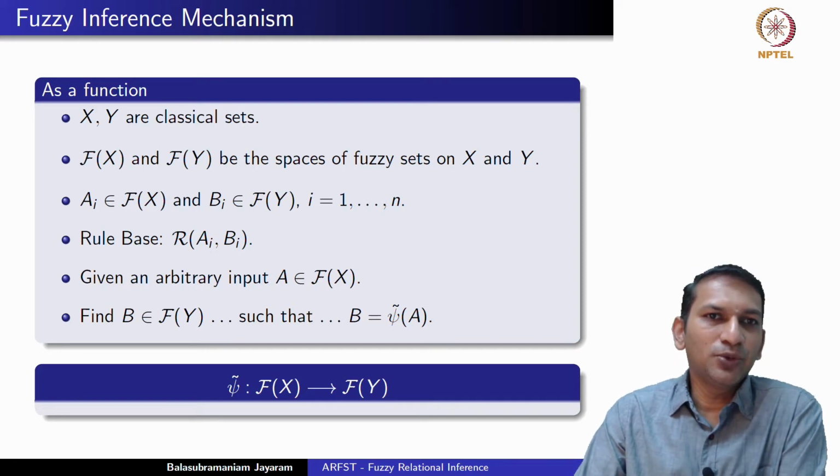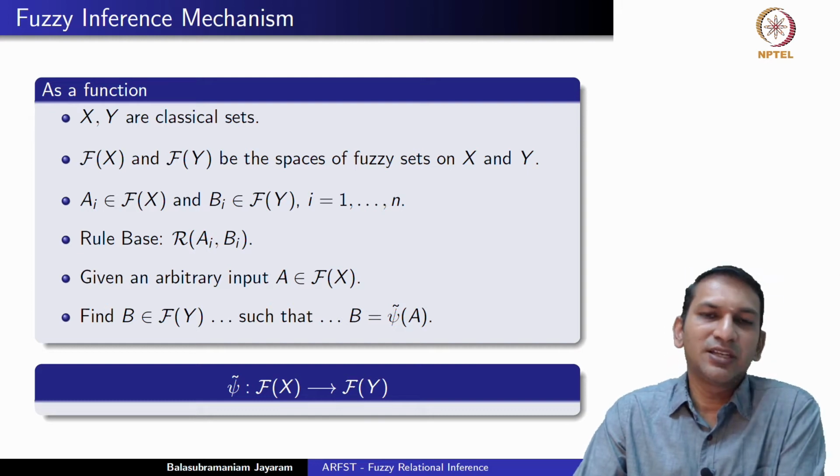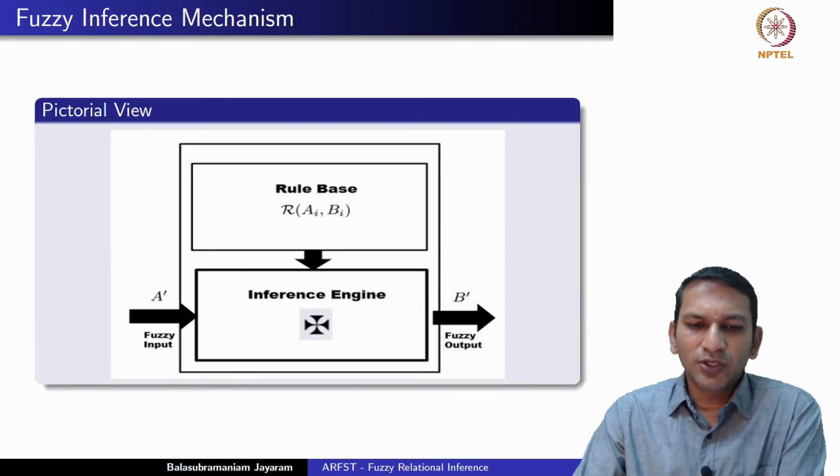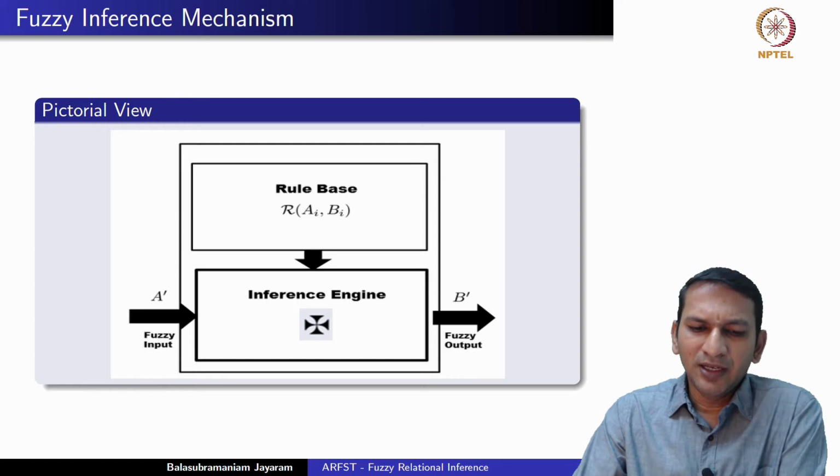We will have to make use of the ground truth which is given to us. The ground truth is in the form of knowledge about a particular system, which is encoded in the form of conditionals, fuzzy if-then rules. So this is a pictorial view of the fuzzy inference mechanism itself, any fuzzy inference mechanism.